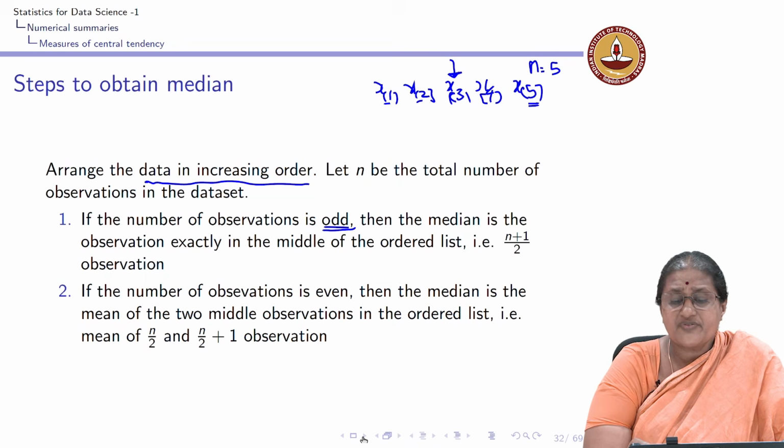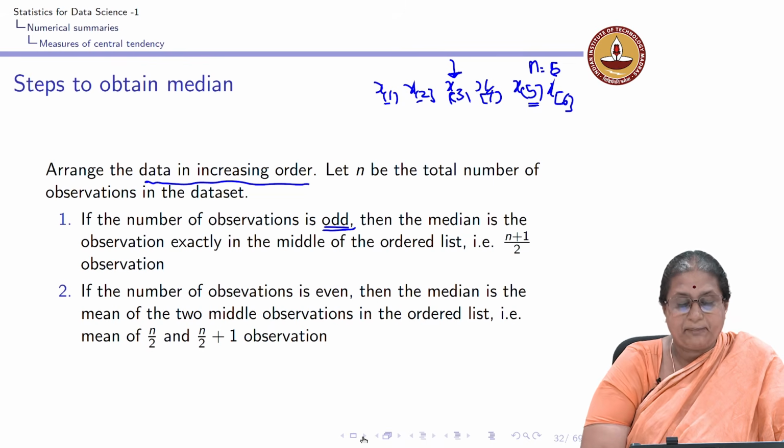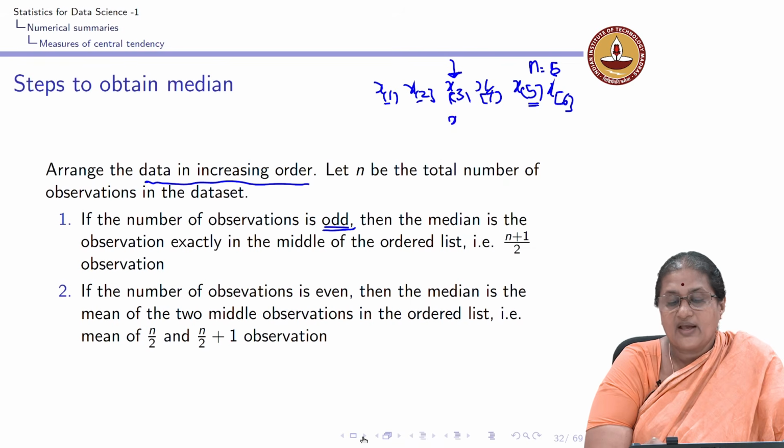If the number of observations is even, for example, I have x6 also, in this case n equals 6, then the median is going to be x3, that is the n by 2 observation, plus the n by 2 plus 1 observation, x4, divided by 2.